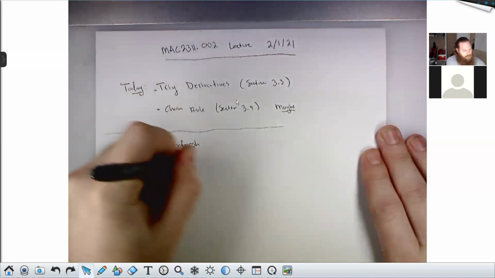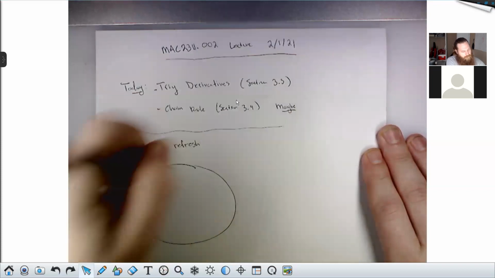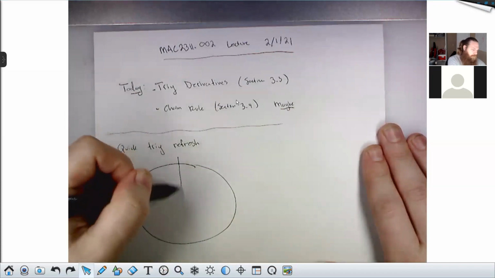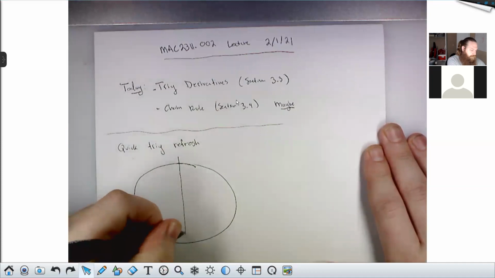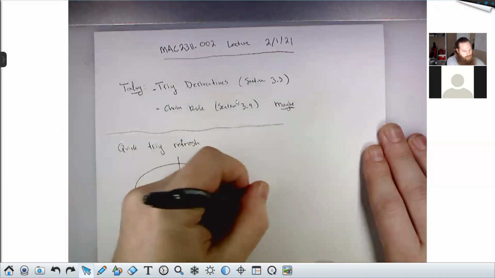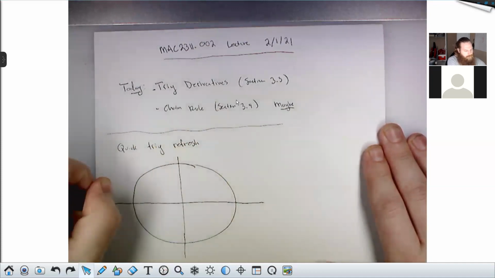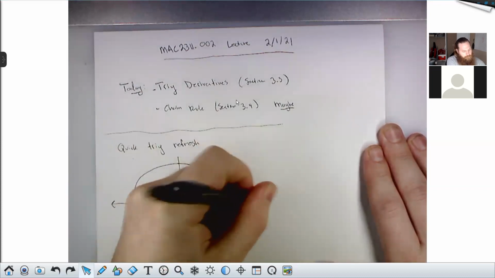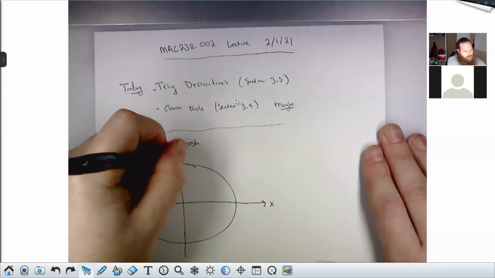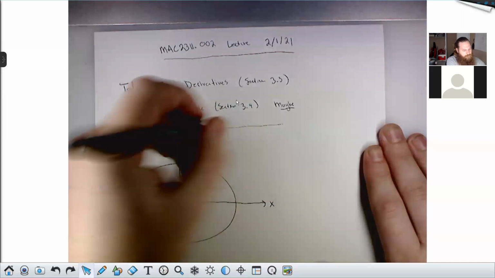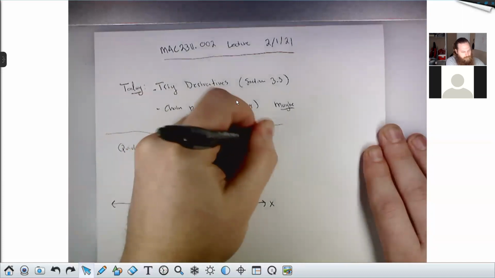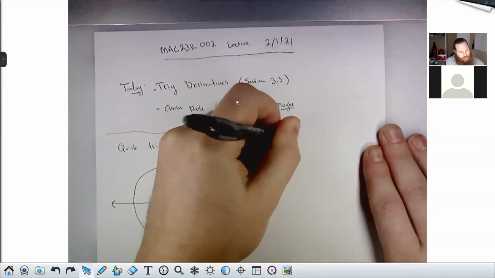All of our trigonometric functions are defined using the unit circle. So this is the x direction, this is the y direction, this is the unit circle.